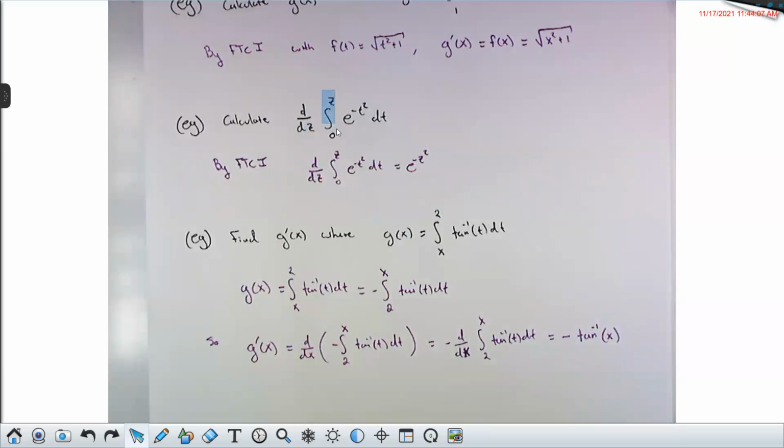So it's like I'm differentiating this, not this. If I wanted to differentiate e to the negative t squared, that would require the chain rule. But really what I'm doing is differentiating the integral. That's kind of the take home. And that's why I like this other way of writing it.